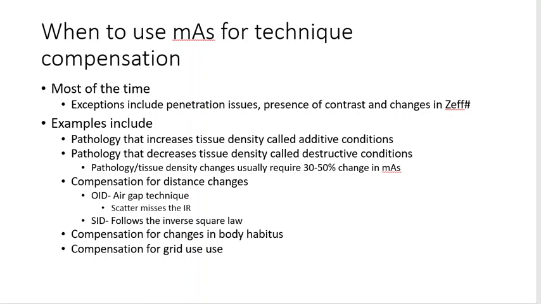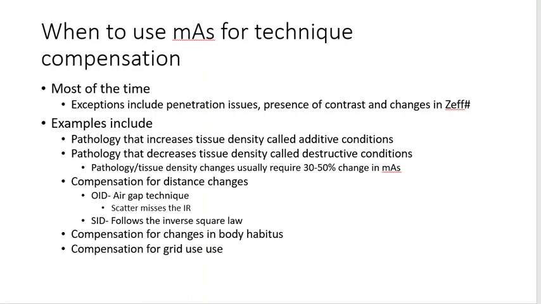So compensation for body habitus, again, is typically going to be mAs, because if you change from, let's say, somebody who's asthenic to hypersthenic, then what you're going to see is a change in mainly soft tissue. And again, soft tissue is more like fluid type tissue.